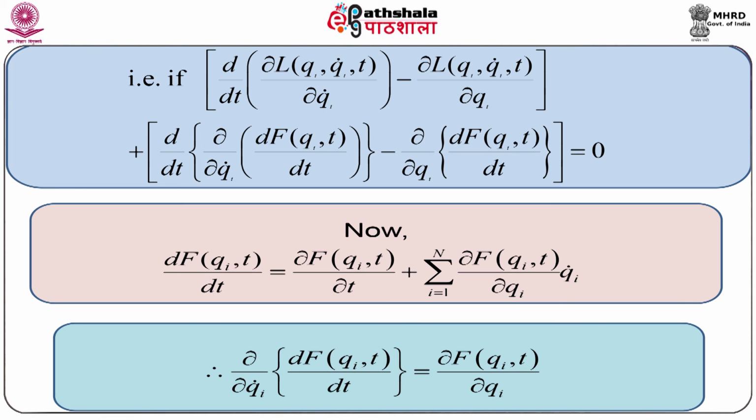So we get this result. If we differentiate this equation with respect to q̇_i partially, we get this result. This is independent of q̇_i. q̇_i is present here, so we get this term.